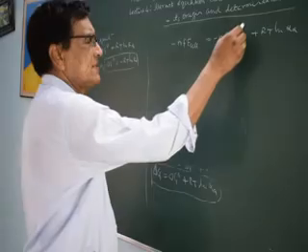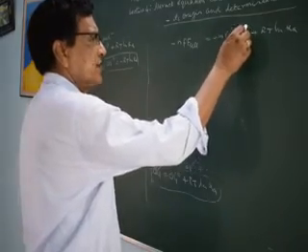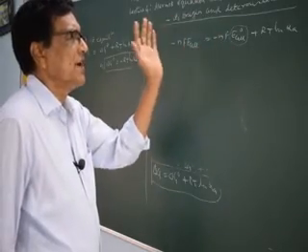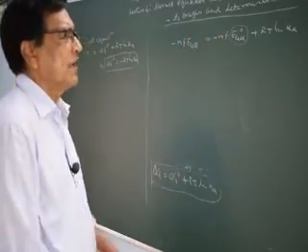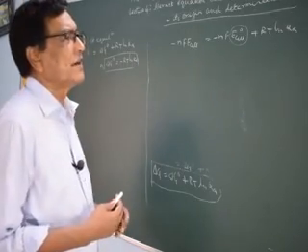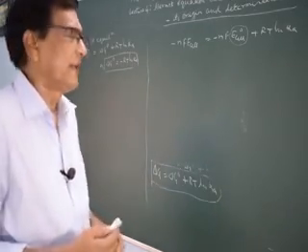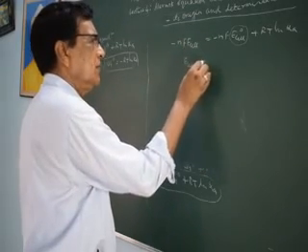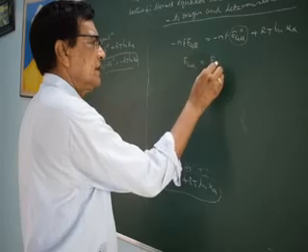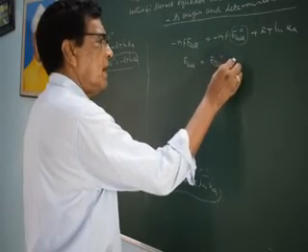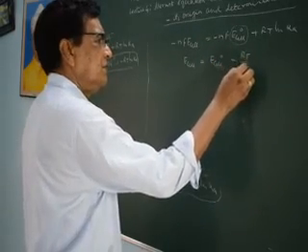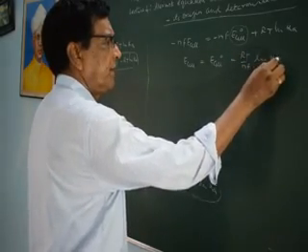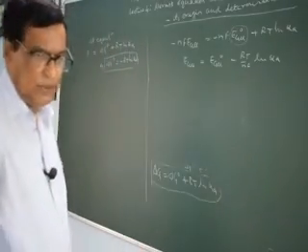This one is the standard cell potential. It means it is the cell potential when the activity of each of the reacting components is taken as 1. So dividing by nF, it becomes E cell equal to E cell naught minus RT by nF into ln QA.